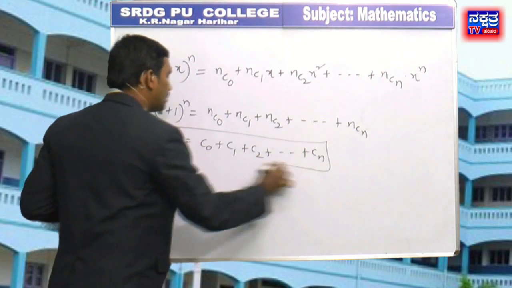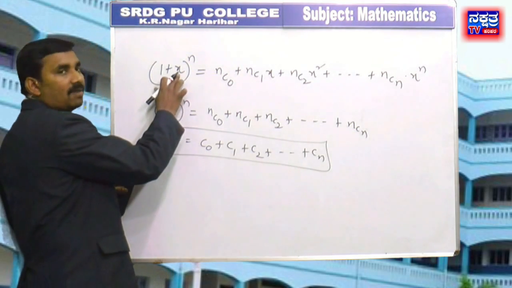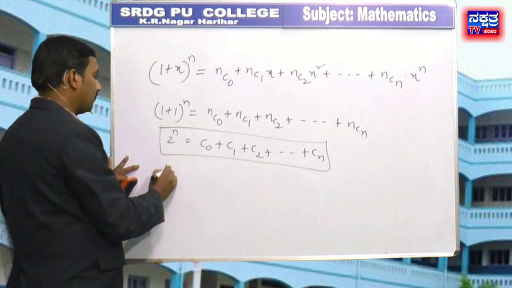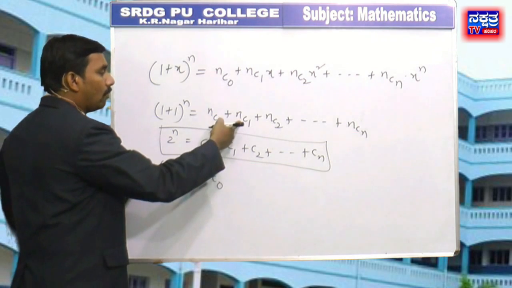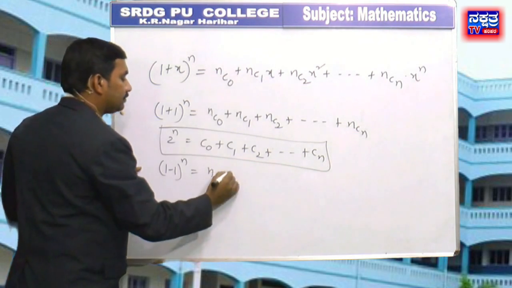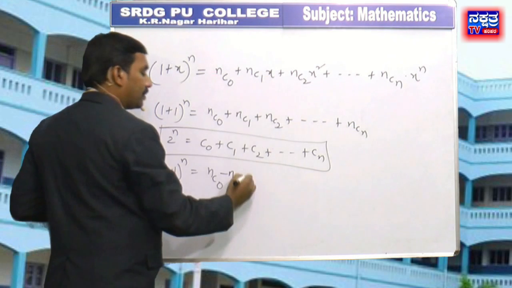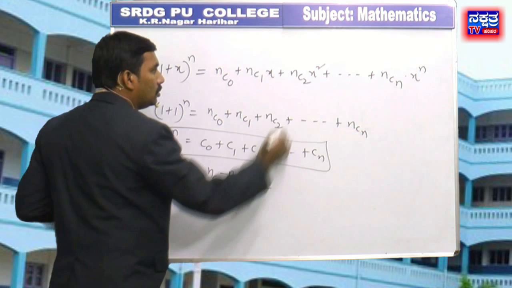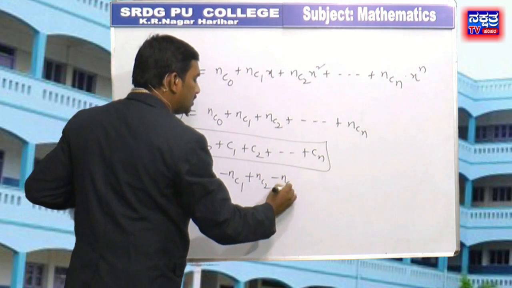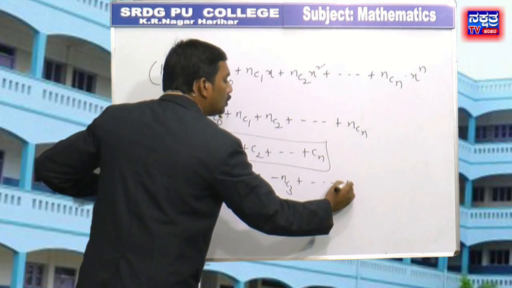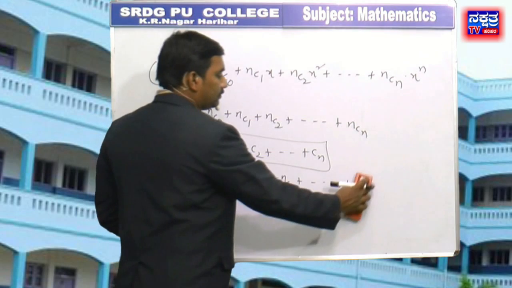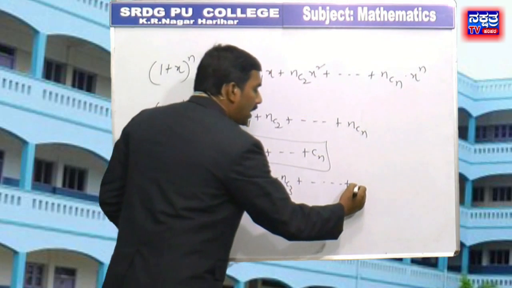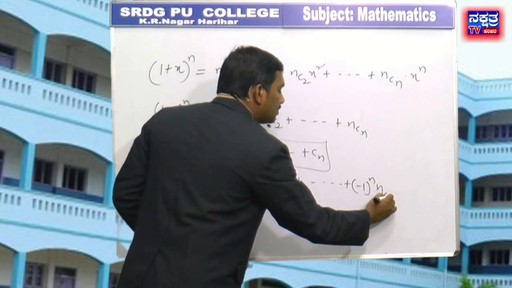In the same way, if you substitute x as minus 1, it will become 1 minus 1 whole power n, then nC0 minus nC1 plus nC2 minus nC3 plus so on up to minus 1 whole power n nCn.